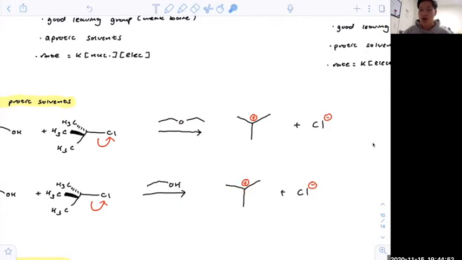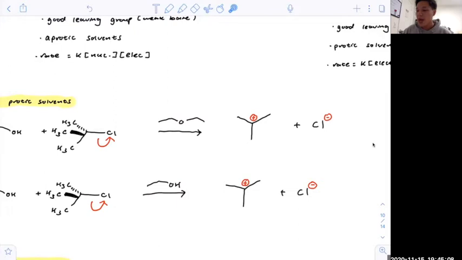Because I'm a protic solvent, I can stabilize this negative charge on the chlorine by my hydrogen, and I can also stabilize this carbocation intermediate even further because now I have the ability to donate my electron density here, right?